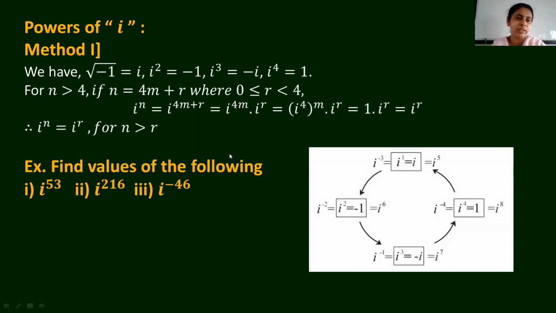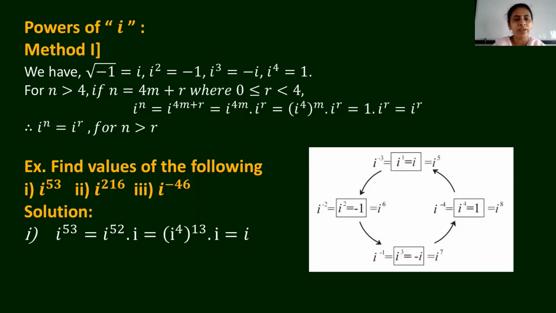First example, find values of the following. First is i raised to 53. Here we have to find the value of i raised to 53. First of all, we will divide the index 53 by 4. So i raised to 53 is equal to i raised to 52 into i, and we know that 52 is 4 into 13, so i raised to 52 is i raised to 4 raised to 13. So (i raised to 4) raised to 13 into i, which is equal to i.